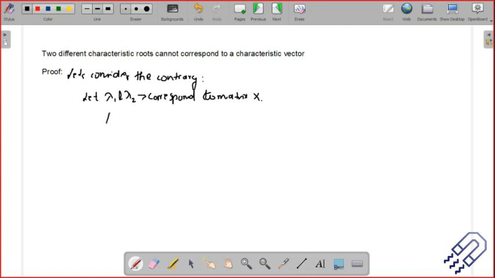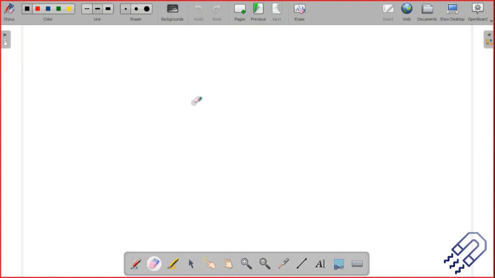That means we can write Ax is equal to lambda 1 times x, and Ax is equal to lambda 2 times x. If we subtract one from the other, we get Ax minus Ax is equal to lambda 1 times x minus lambda 2 times x, which is lambda 1 minus lambda 2 times x.